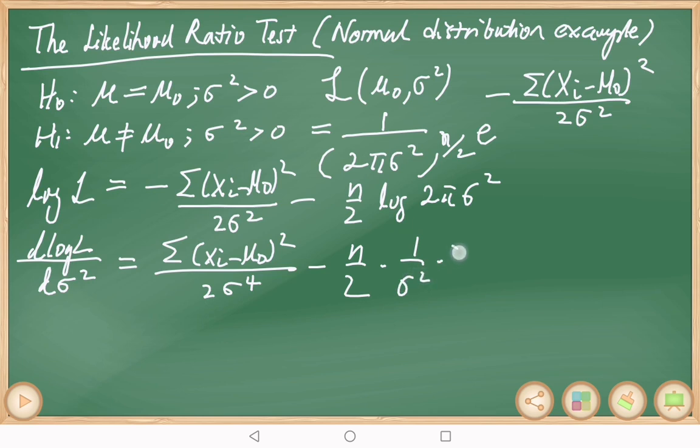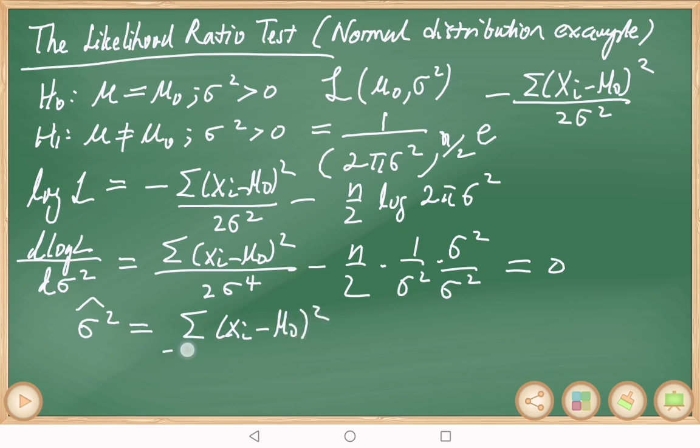Here we can multiply numerator and denominator by sigma square. We set it to 0, and therefore our sigma square hat is given by this expression.